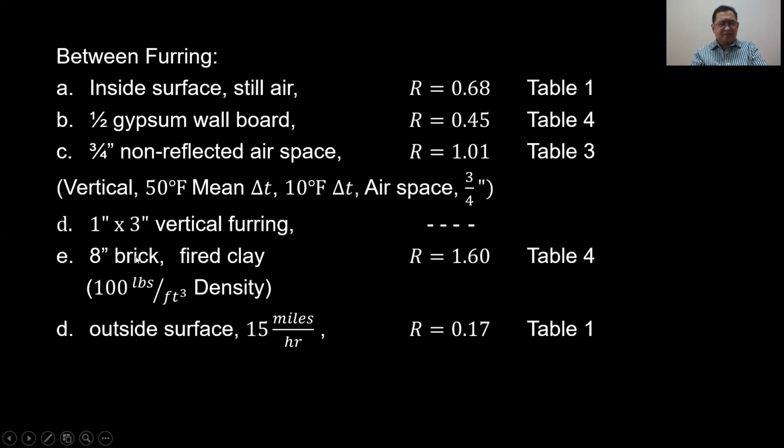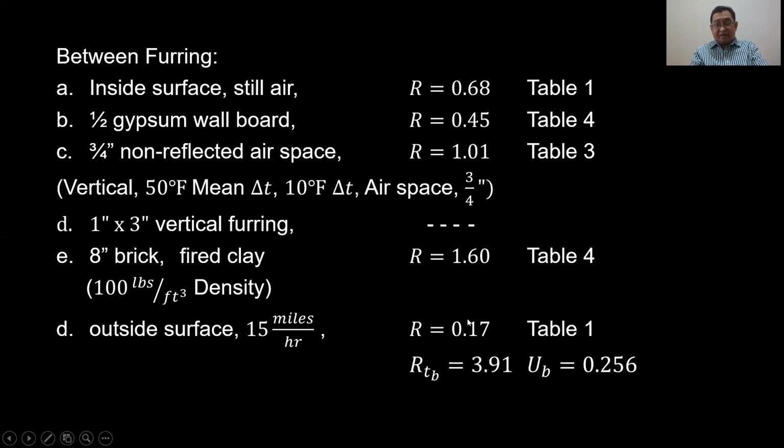We are between the furring. So 8-inch fired clay brick, 100 pounds per cubic feet density. We have R 1.6 from table 4. And outside surface, we assume wind velocity during winter time of 15 miles per hour. The resistance will be 0.17 as taken from table 1.